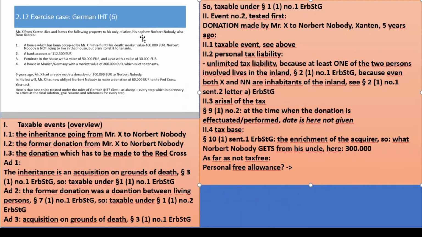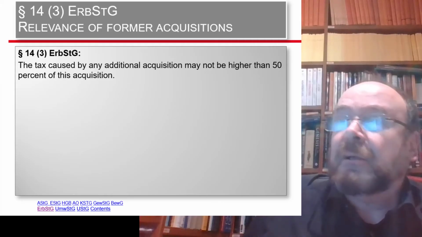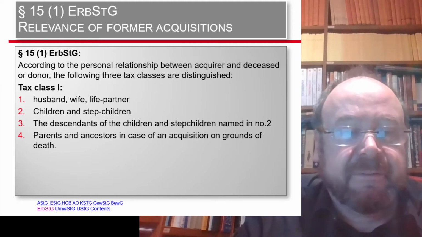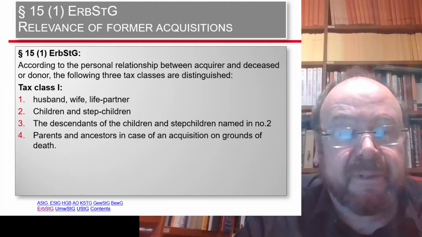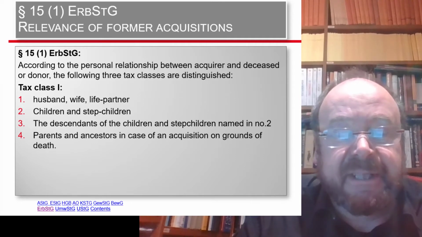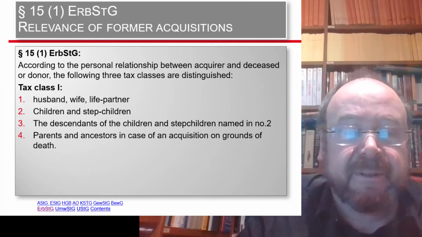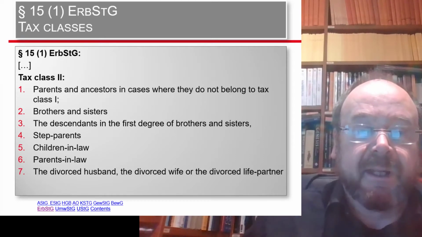So let's have a look to paragraphs 15 and 16. Okay, concerning paragraph 15, we find out that tax class 1 is for husbands, wives, life partners, children, stepchildren, the descendants of children and stepchildren, and the parents and ancestors in cases where they inherit when somebody dies. No nephew shows up.